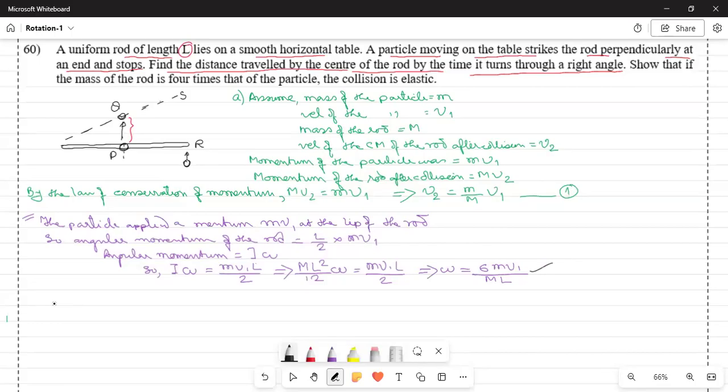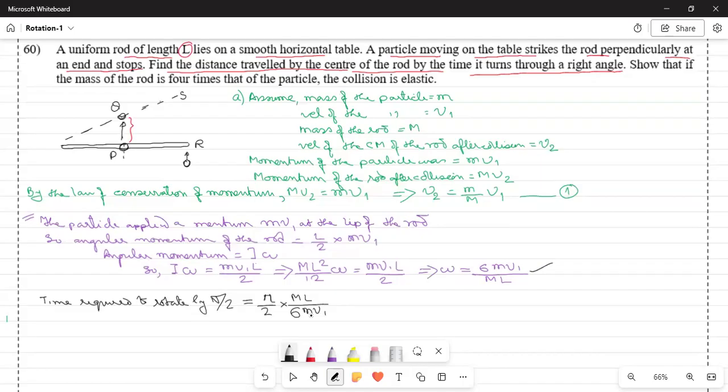So the time required to rotate by an angle of pi by 2 is equal to pi by 2 divided by omega, which is pi M L by 12 small m v1.